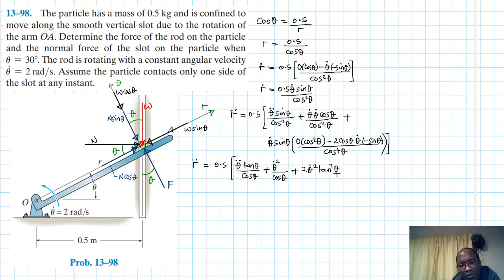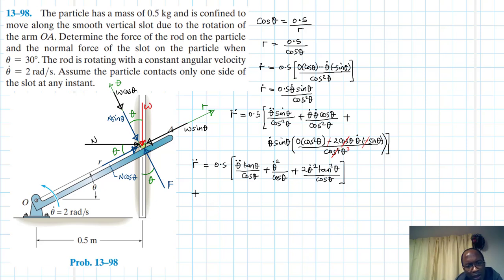The cos and cos cancel, so we remain with 3. Then sine squared over cos squared gives tan, so we remain with 1 there. And this minus and minus, this part and this part go. Great.